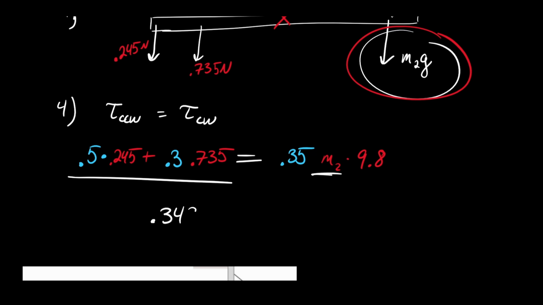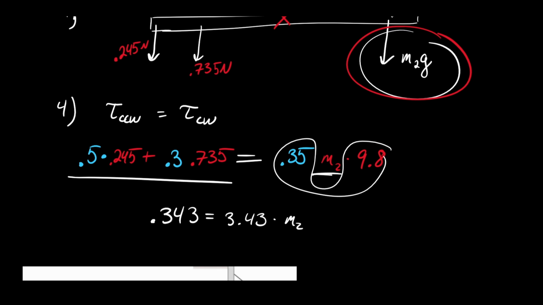I get 0.343. And if I combine the 9.8 and 0.35, I get 3.43. Divide both sides by 3.43. And I get m2 equals 0.1 kilograms.